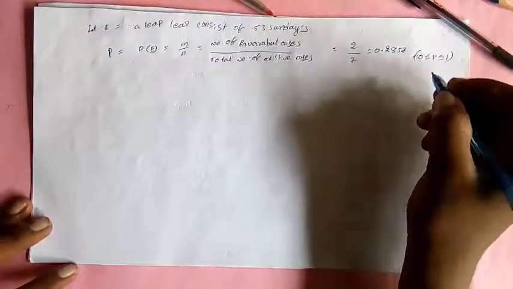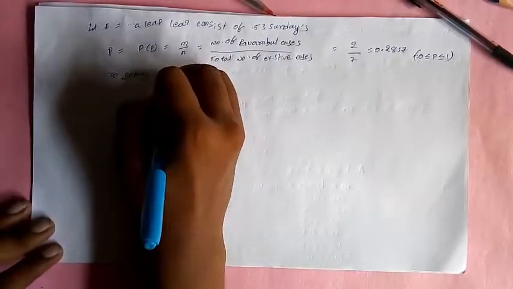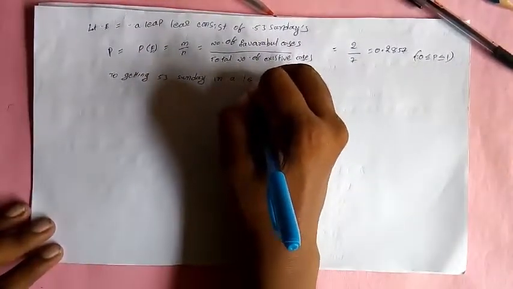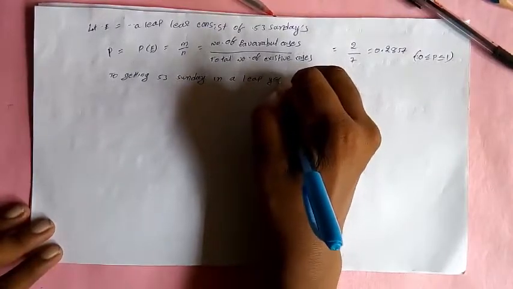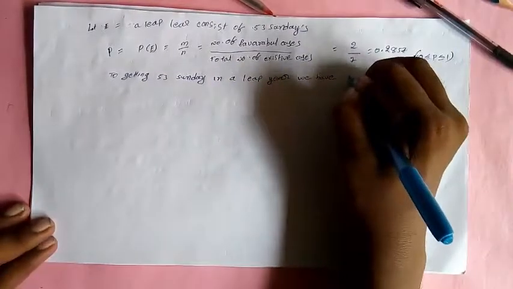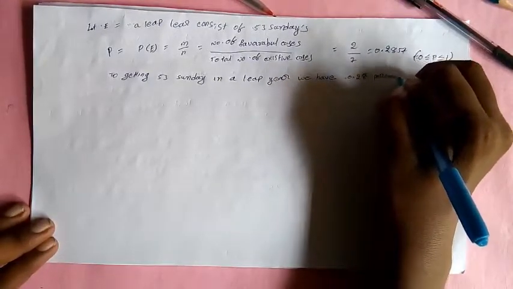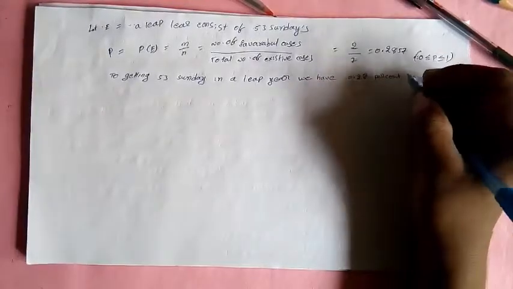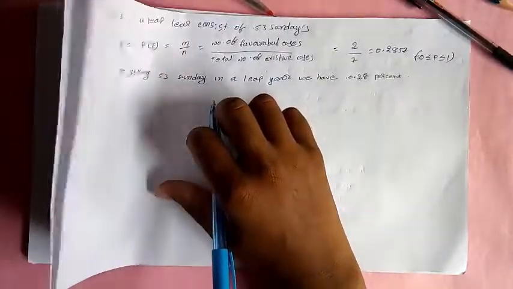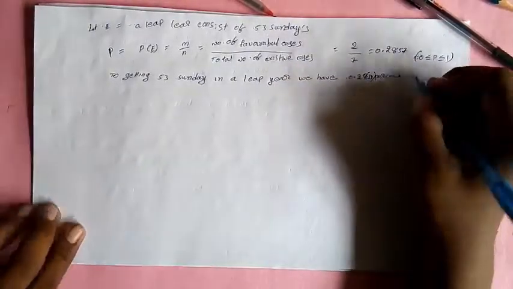It means that getting 53 Sundays in a leap year has 28% chance.